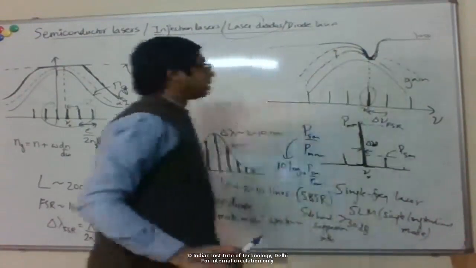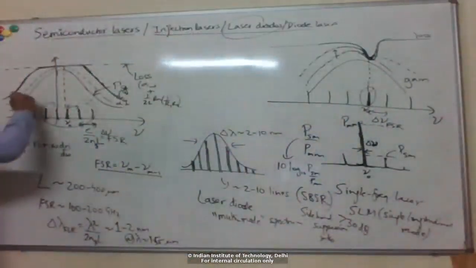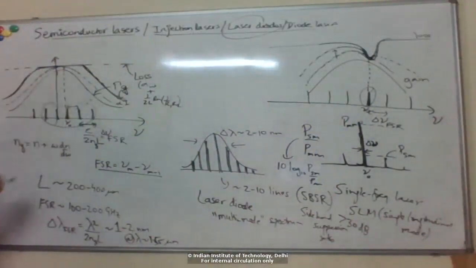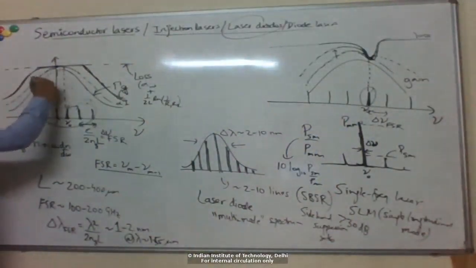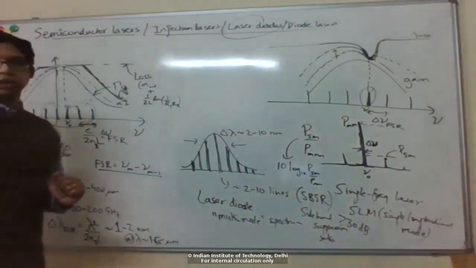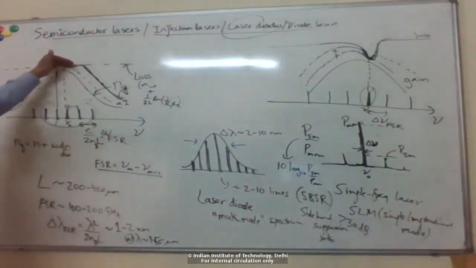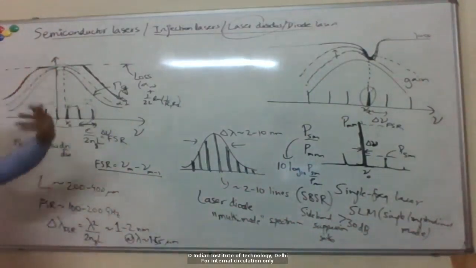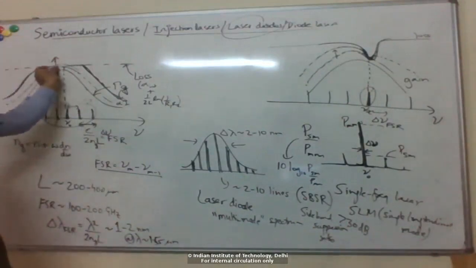Similarly on this side. For the flat loss case, once I reached threshold for the point where the maximum gain was, if I increase further, all these frequencies nearby will also now satisfy the threshold condition, because the loss for all those frequencies is the same. So as soon as I increase the current, the number of frequencies for which the threshold condition is satisfied keeps increasing.